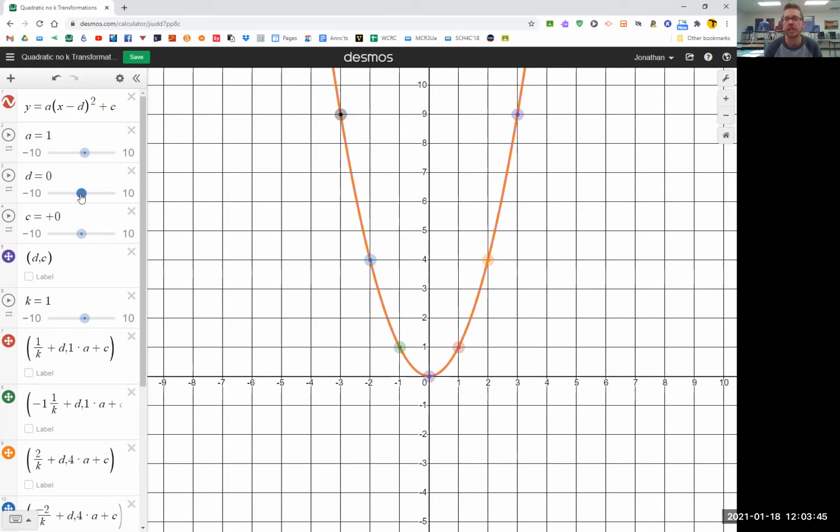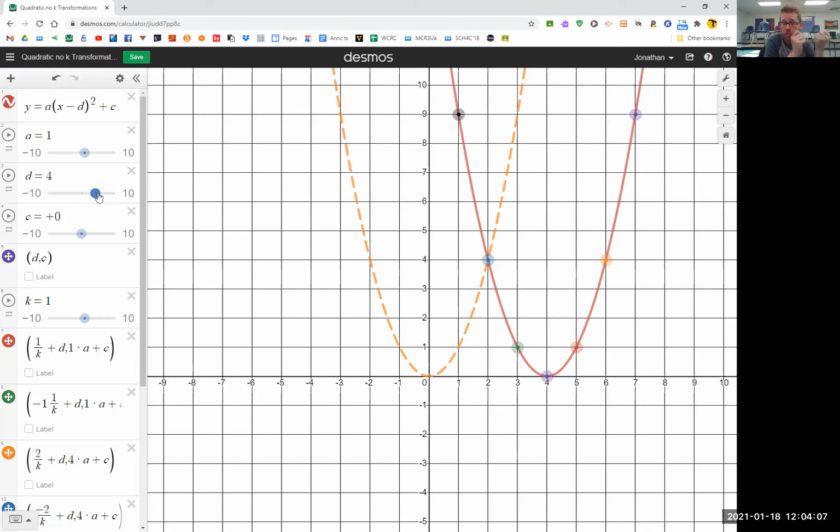Now I'm going to put in D equals 4. I'm going to slide my slider from D equals 0 to D equals 4. Which way is this thing going to move? It's going to move to the right as I increase D. So as D gets bigger than 0, the graph is translated to the right.